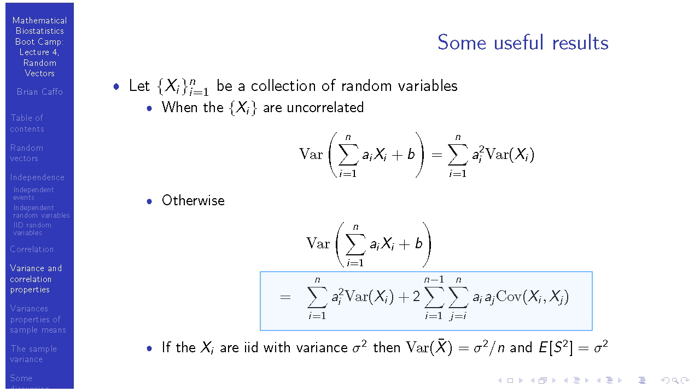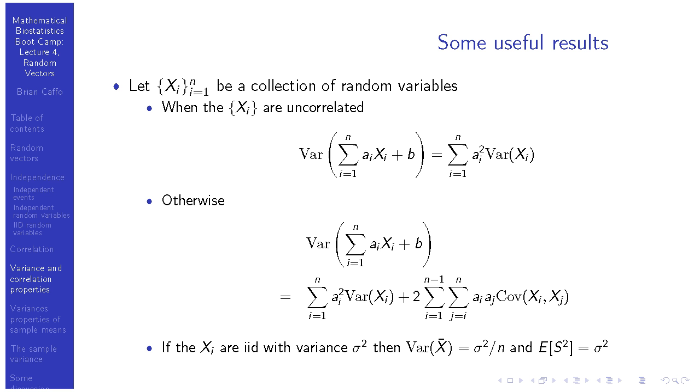Notice if they're all uncorrelated, all these terms are 0, and then we get the top formula. The top formula is what we're really going to use in this class. It basically says that the variance of the sum is the sum of the variances if you have independent events. The other important thing this says is that you shouldn't be adding standard deviations. You should probably be adding variances.